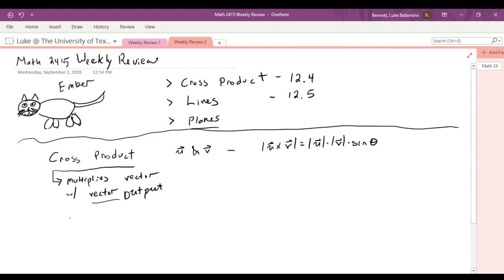And what's special about this vector is that it's orthogonal, or perpendicular, or normal to both u and v. That is, u cross v is perpendicular to u and v.